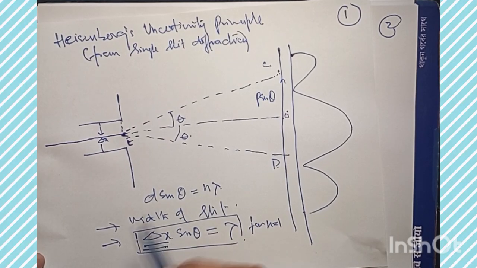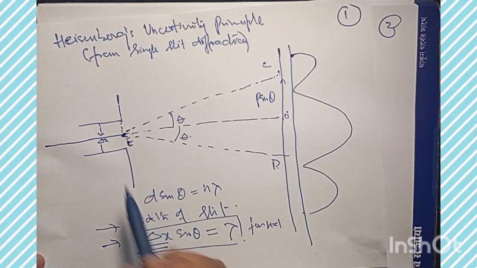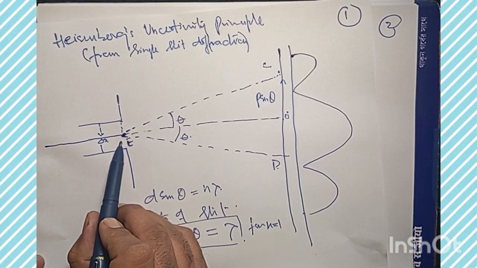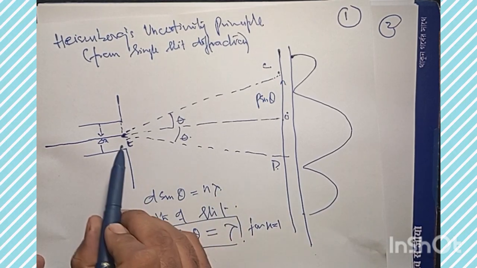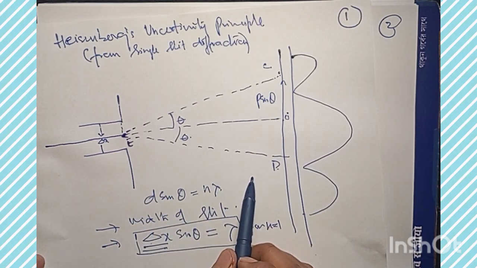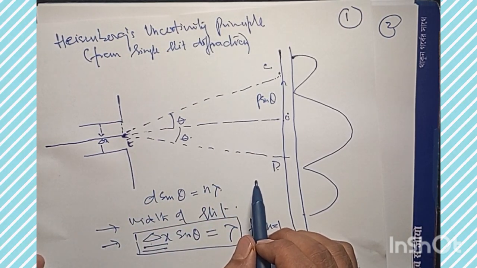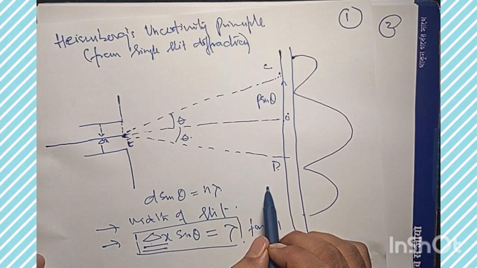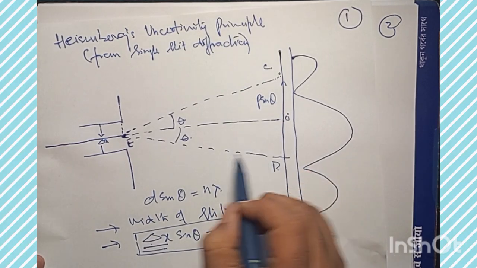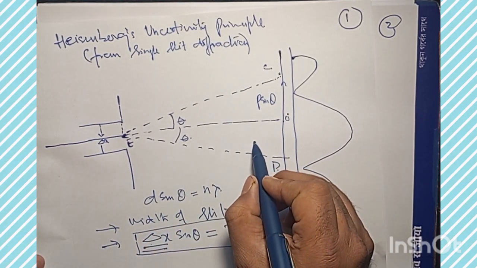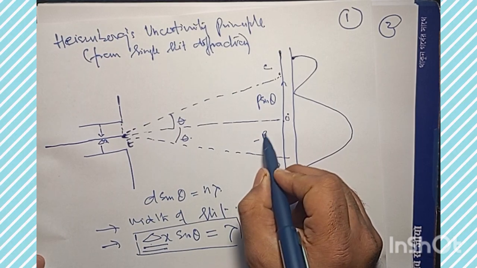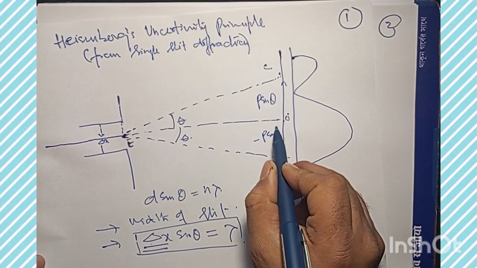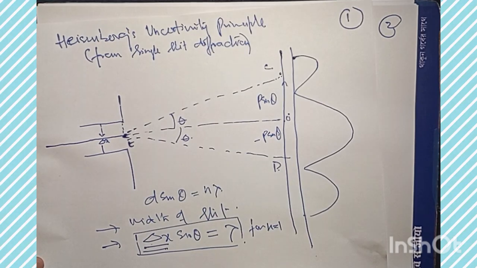Now, if after diffraction the electron goes through the direction ED, then the momentum along the perpendicular direction will be minus p sine theta.